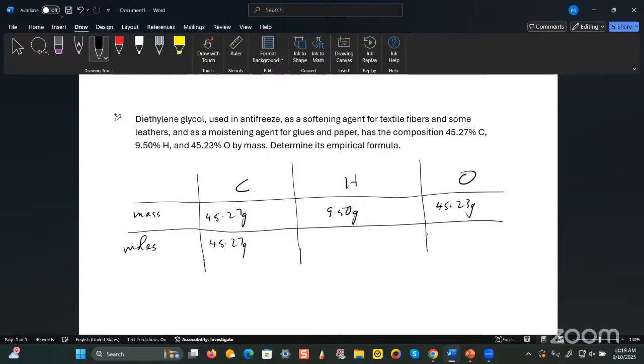So in the case of carbon, that would be 1 mole over 12.01 grams. In the case of hydrogen, that's 9.50 grams multiplied by 1 mole over 1.008 grams. And in the case of oxygen, it's 45.23 grams multiplied by 1 mole over 16.00 grams.